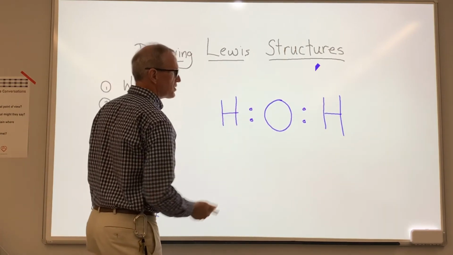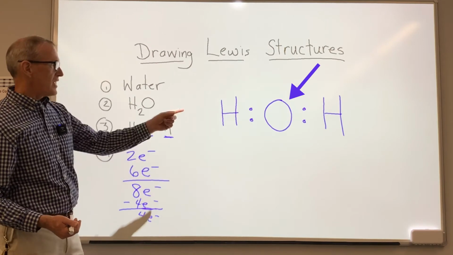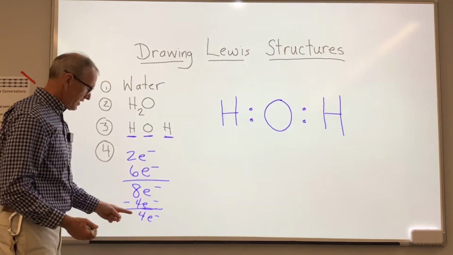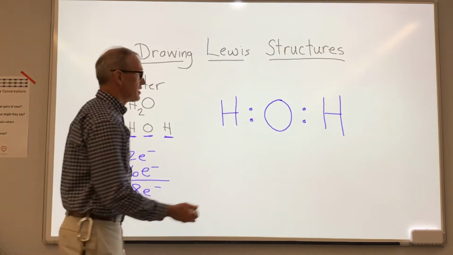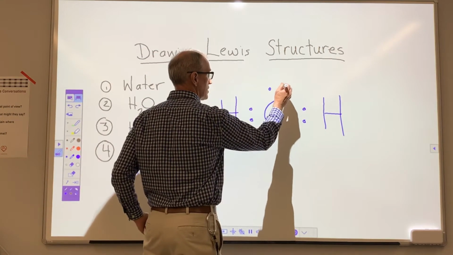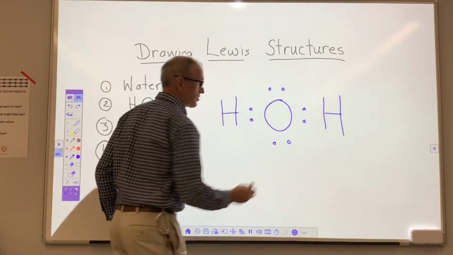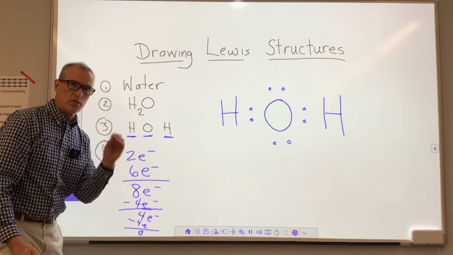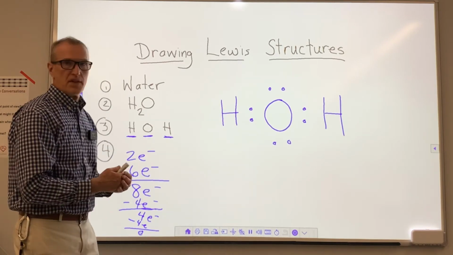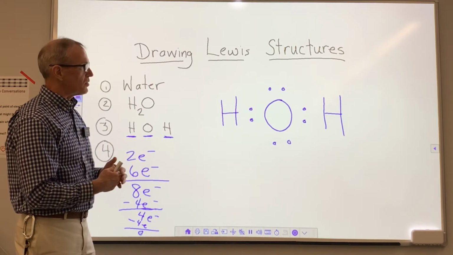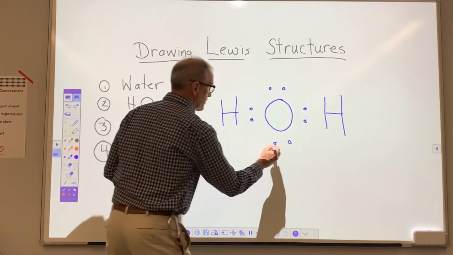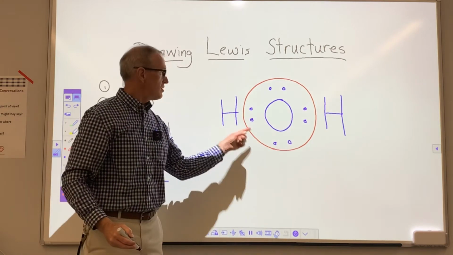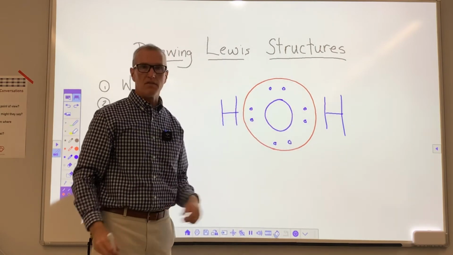So then I look to the central atom, and right now I see that it's got 1, 2, 3, 4 valence electrons. I've got 4 electrons left to work with, so I can distribute those around the central atom. My pile of jelly beans is now 0. I've distributed all of the valence electrons into the molecule, and I see that oxygen ends up with 2, 4, 6, 8 valence electrons.